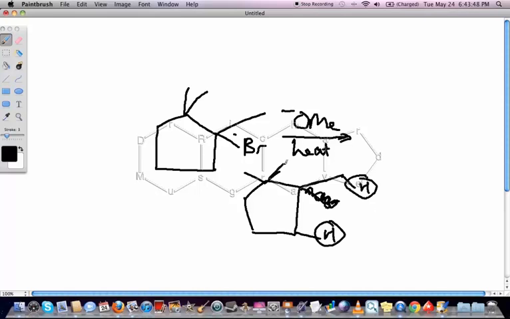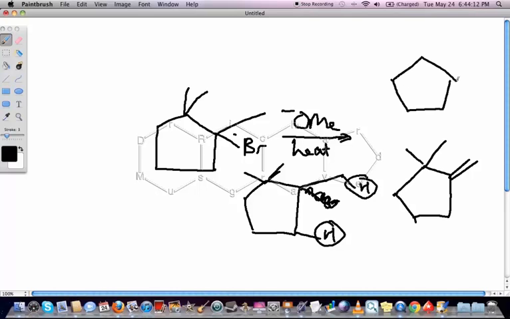Now if there's no hydrogen attached to this C, then we can't form a double bond out here. That would lead to a carbon with 5 bonds on it, so we can't do that. But we can form these two products, this one and this one.